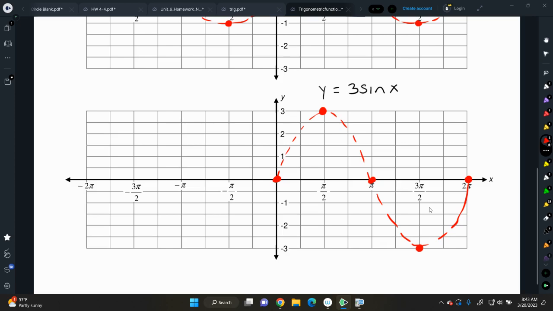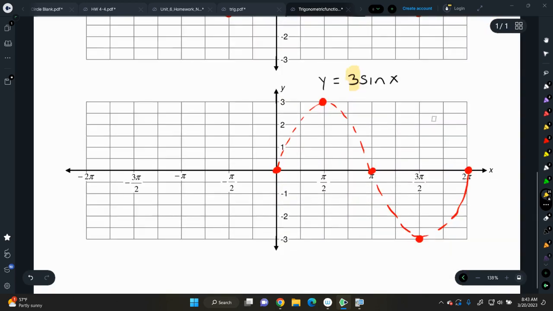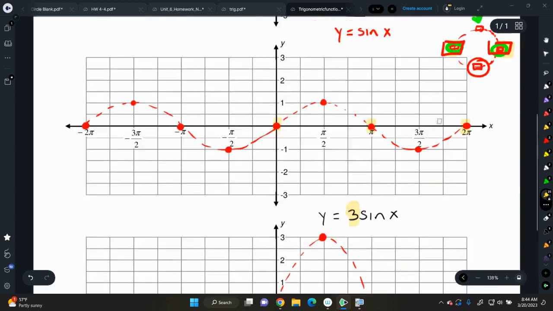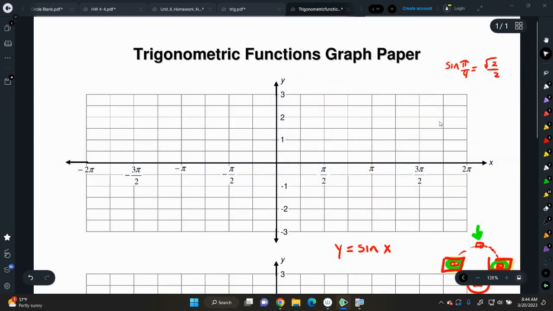So the amplitude is this number right here in front of the sine. Now, the formal form of a sine function looks like this.